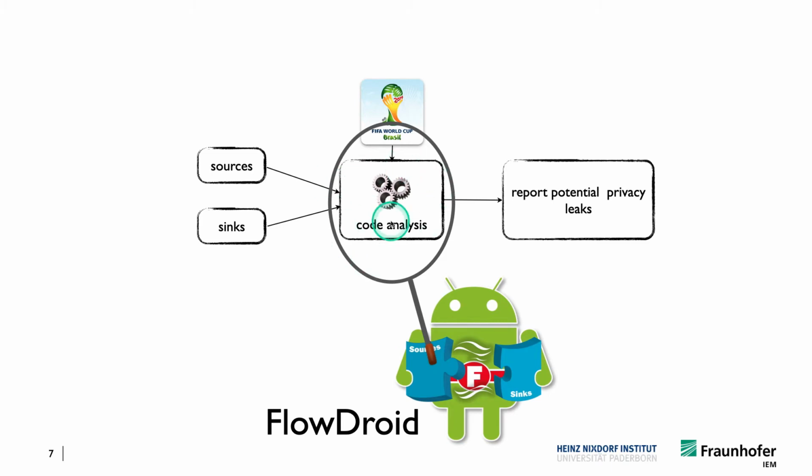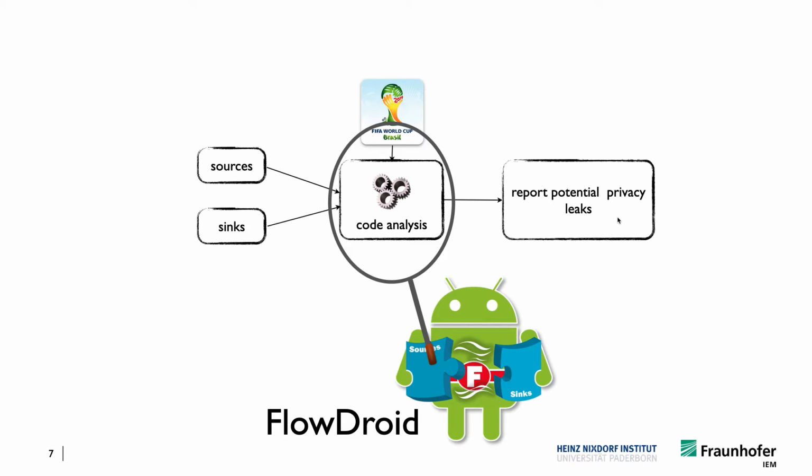FlowDroid really implements this code analysis tool, so it's a very versatile tool that you can configure with these sources and sinks. And then in the end, it reports potential privacy leaks. So in that sense, it's a may taint analysis. There can be false positives, and as opposed to really current tools that we have built on top of synchronized pushdown systems, FlowDroid sometimes is a bit less precise.